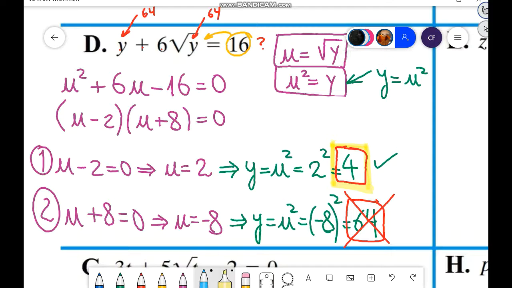Well, let me tell you something. Hello, Timothy. I'm going to be honest with you. Sometimes this is not straightforward because you have to do changes and change again. At the end, you have to plug in and try the solutions to make sure you get the right answer. So at the end of this period, I'm going to show all the solutions, all the answers, because I know this is a bit hard.